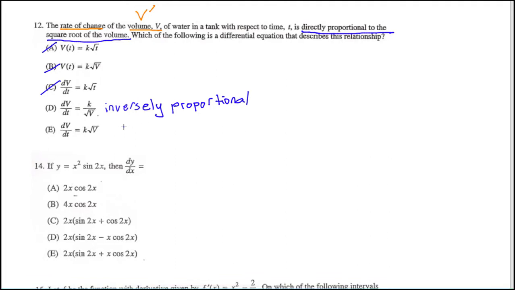This one is directly proportional. So the answer is E, which has a square root of V in there.